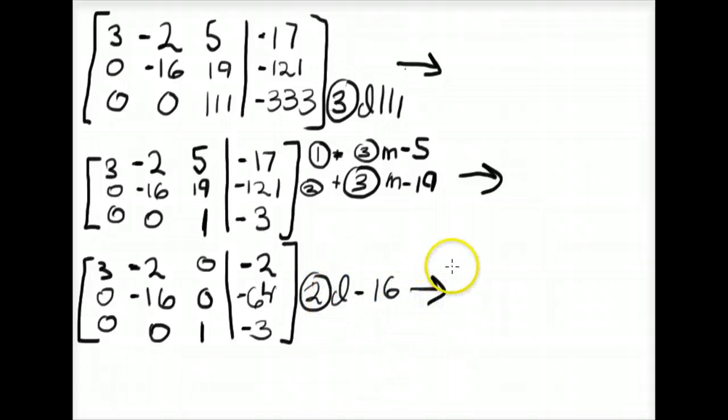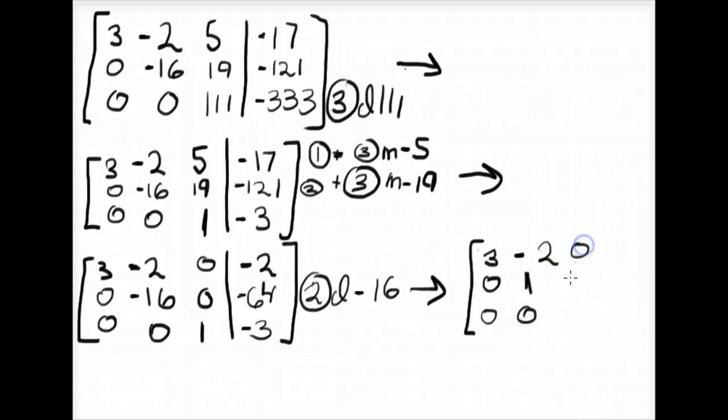So then that is going to yield the following. We're going to have 3, 0, 0. The -2 is going to stay there, and then this is going to become 1 because we've divided by -16, then 0, and then 0, 0, 1, and then the constants.